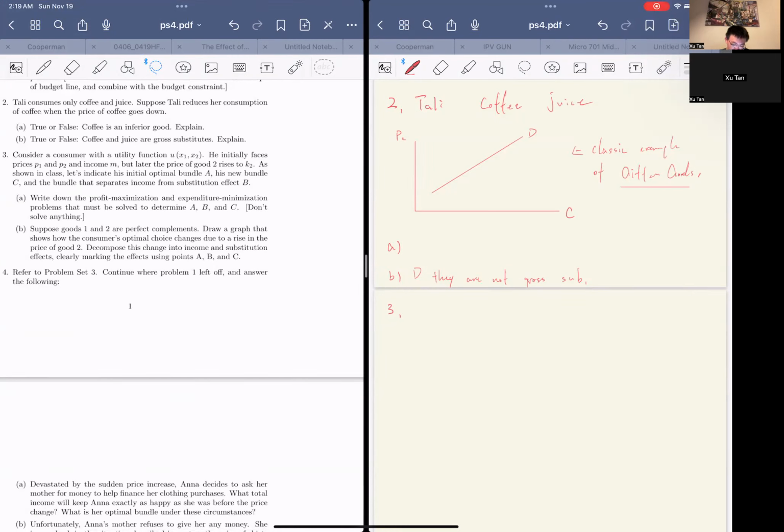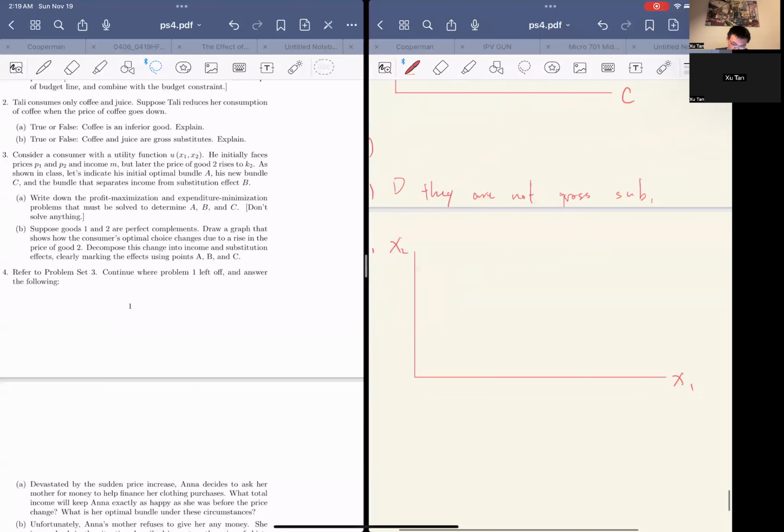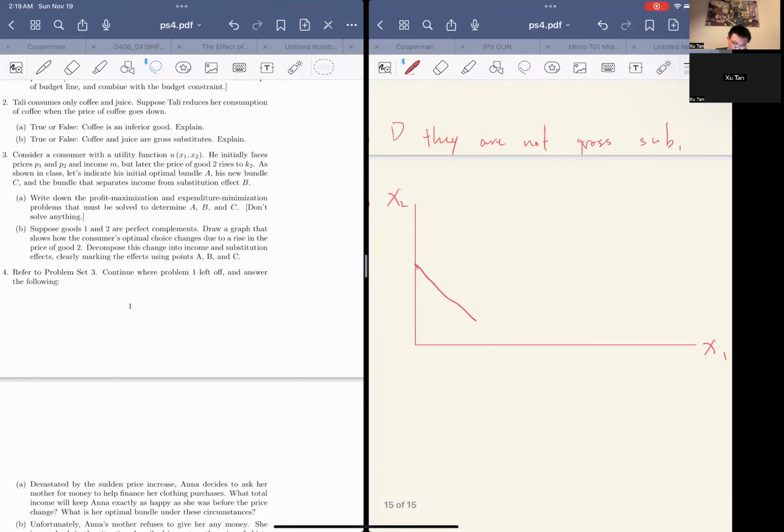Okay, so let's just draw really just a graph to sort of conceptualize the point a little bit. It's a concept.